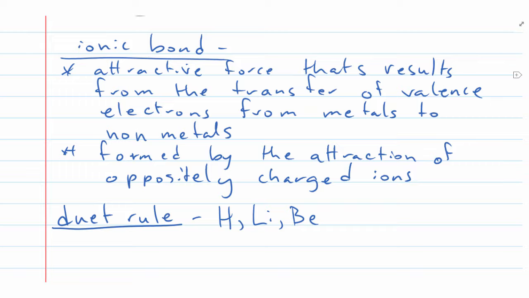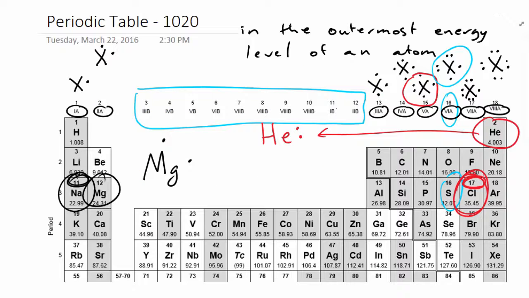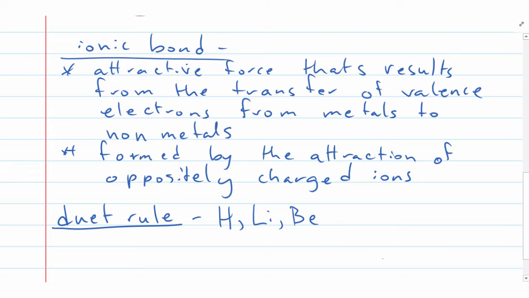And that is because of their position on the periodic table. These 3 elements right here will either gain or lose electrons, so they wind up with a total of 2 valence electrons altogether. But otherwise, elements, when they form bonds, will typically conform to the octet rule.